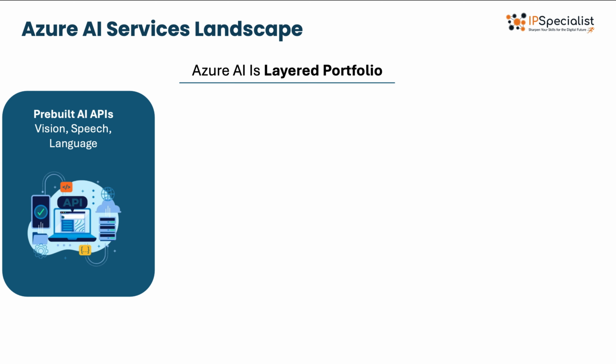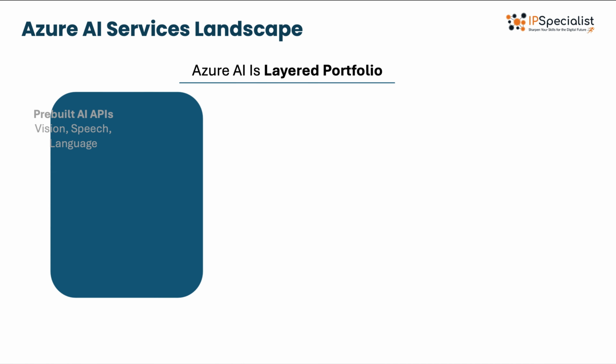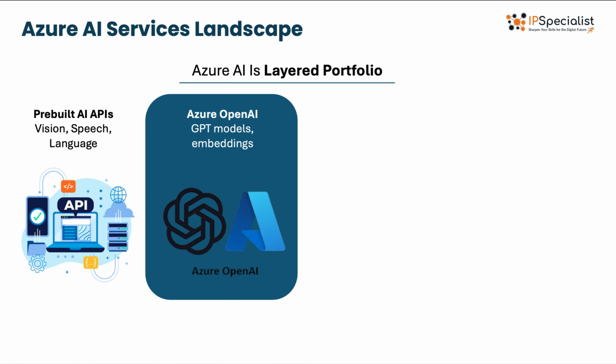These services allow developers to add AI capabilities without building models from scratch. Above that, Azure OpenAI provides access to large language models, including GPT models and embeddings hosted securely within Azure. This layer enables advanced natural language understanding and generation.